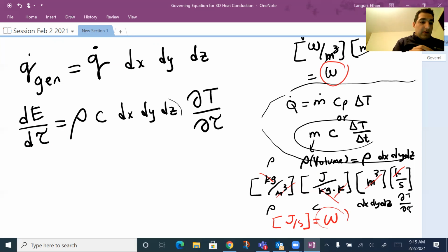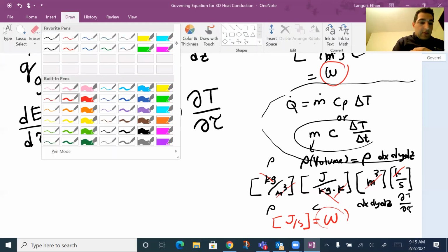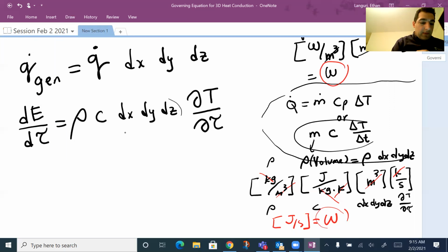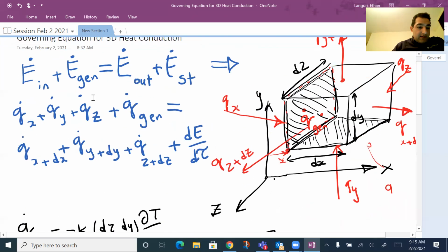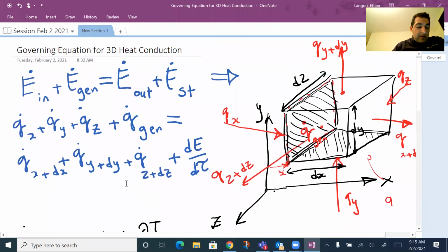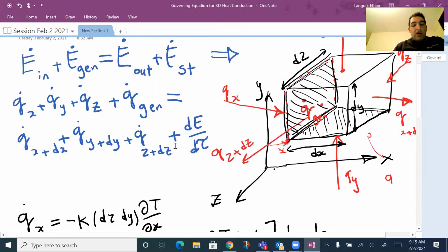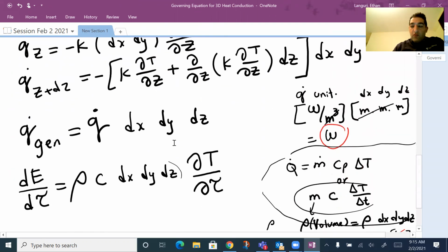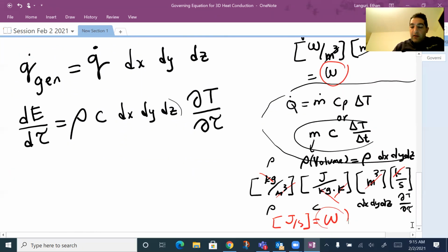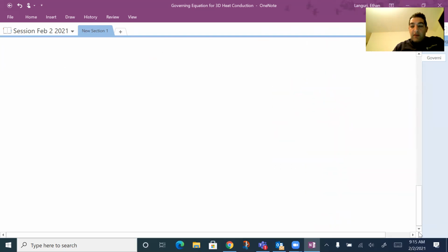So far, we have all terms of this governing equation written down. Now let's go ahead and substitute all these simplified terms that we just developed, put it back in the main equation here and try to simplify it so we can get one overall simplified version for our governing equation for 3D conduction, right?